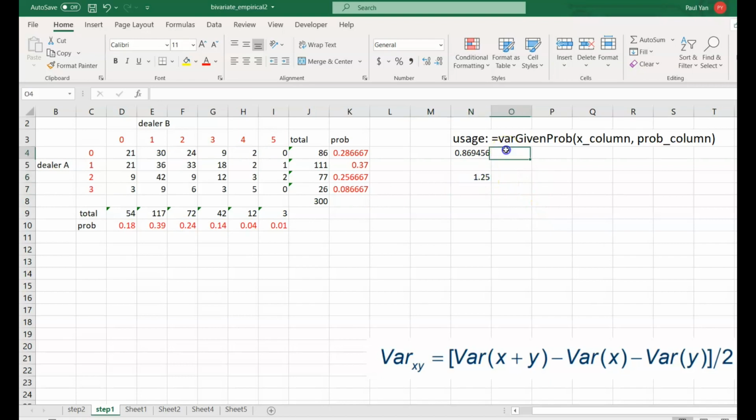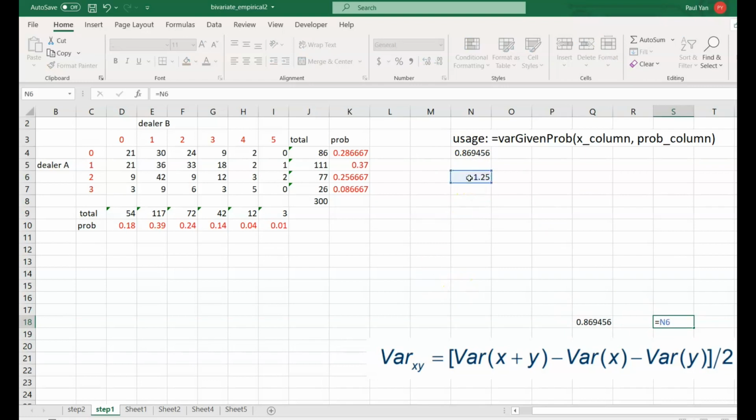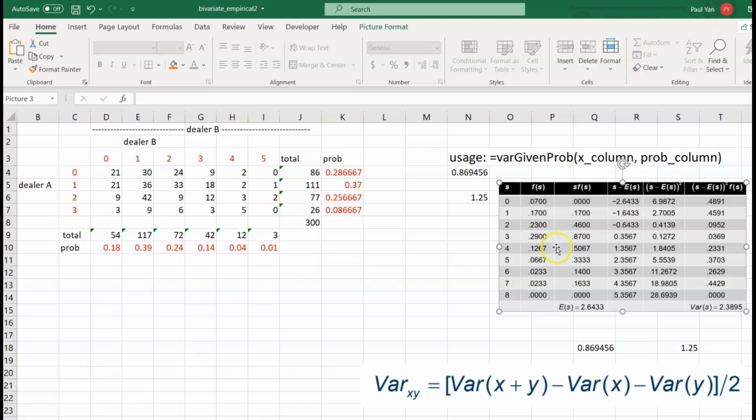So we can treat this one as X, and this can be treated as Y. The problem now is how to calculate the variance of X plus Y.